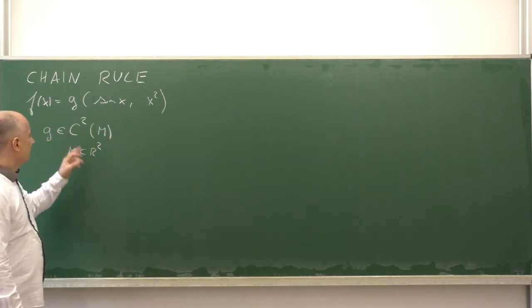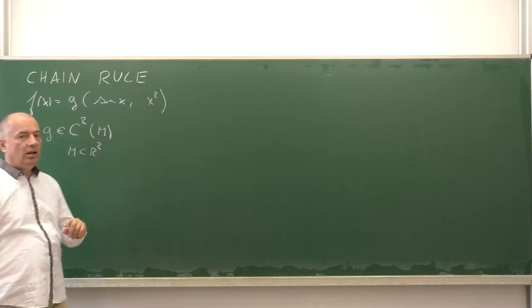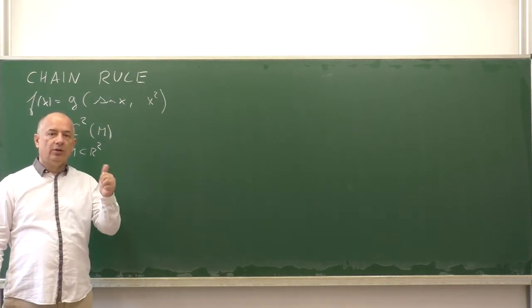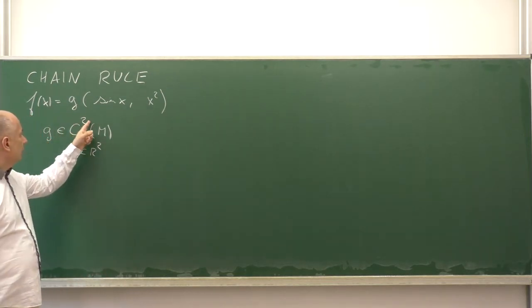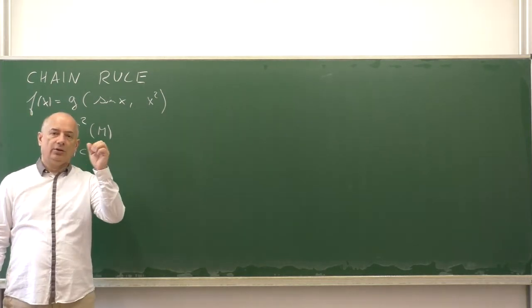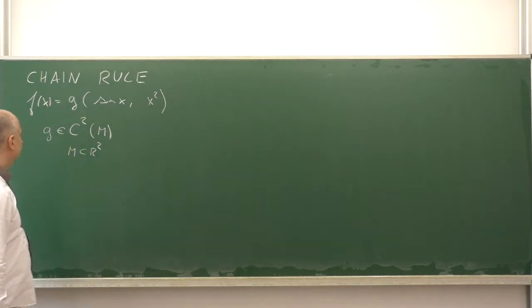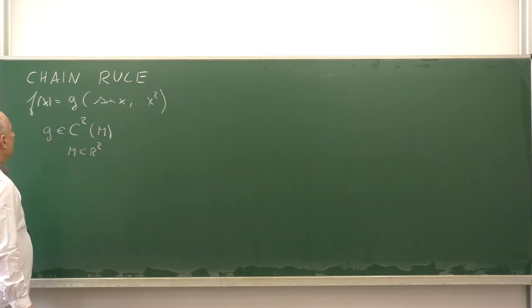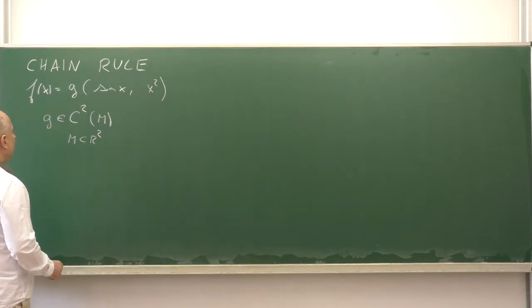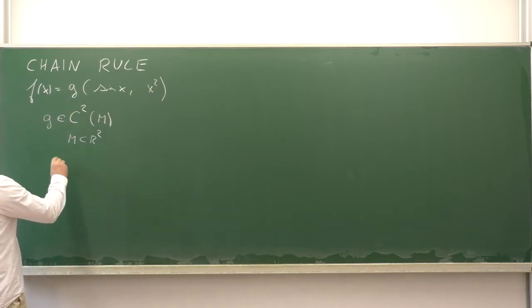Here C is the set of continuous functions, and C1 would be a set of functions that are continuous and have the first derivative continuous, and C2 is the set of all functions that are continuous and have the first and second continuous derivatives. So under this assumption, we can express the derivatives of f in terms of derivatives of g.